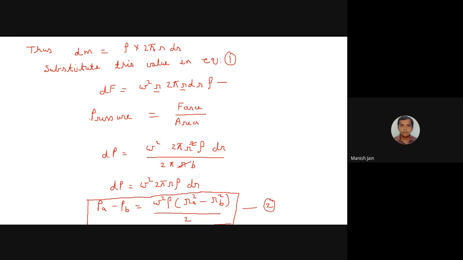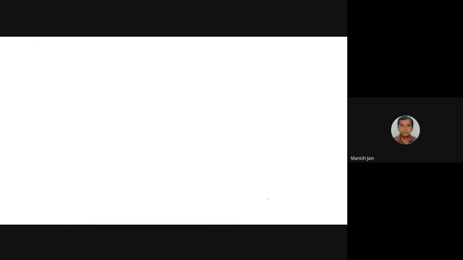Now in the next topic we will discuss manometers. Basically, the manometer is the application of hydrostatic equilibrium in real life.